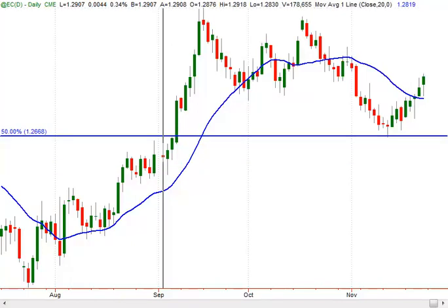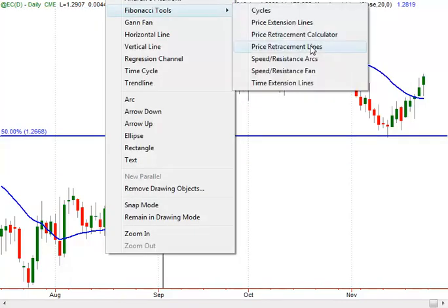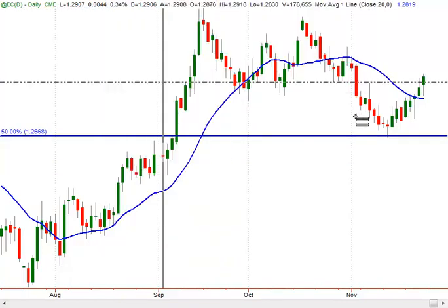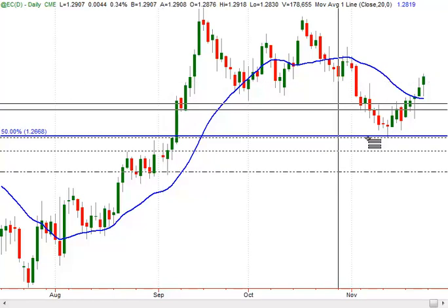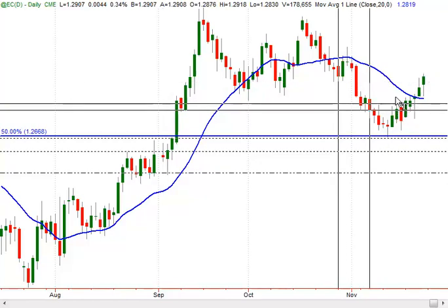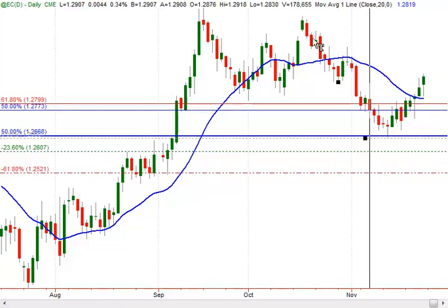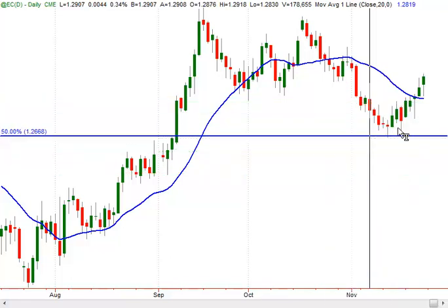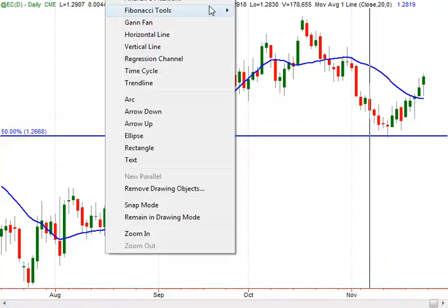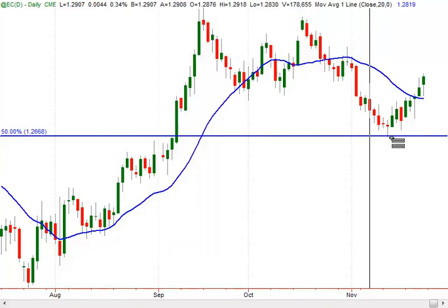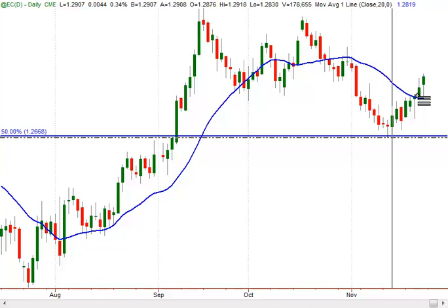So the support level was confirmed last week when price violated on the upside the 128.05 area, the 128 area, and this confirmed the end of this sequence of moves lower, and price started moving higher. On Wednesday we had this throwback, and price traded all the way halfway back to 127.50, and that was a very good entry point.